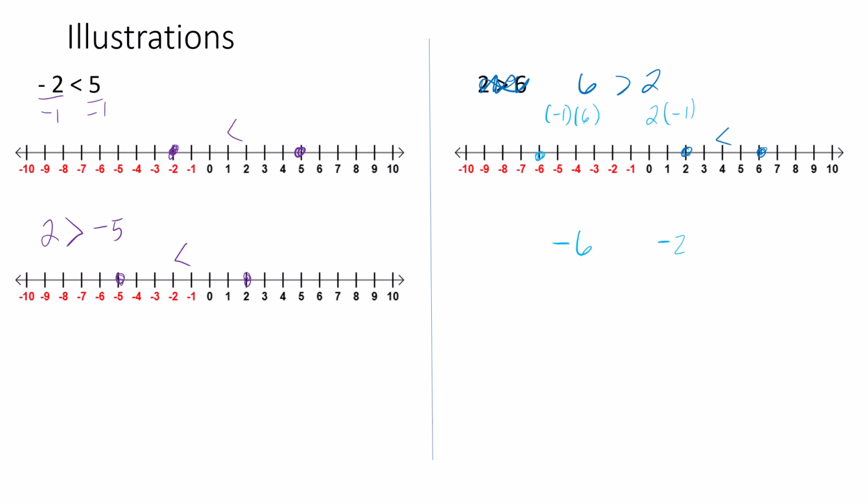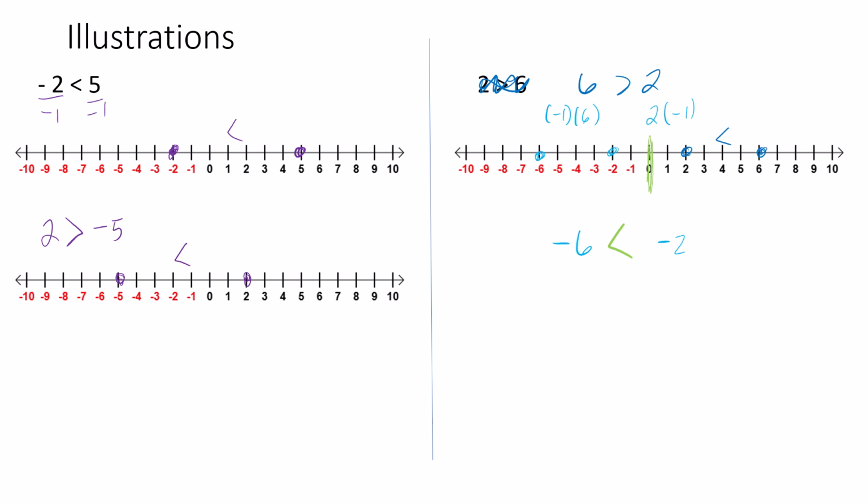And so we're going to do the same thing where we're mirroring the 2 over to the other side. And so you've got this reflection over the 0 there. And what that does is it means that we have now flipped the inequality along with it. Negative 6 is actually less than negative 2.